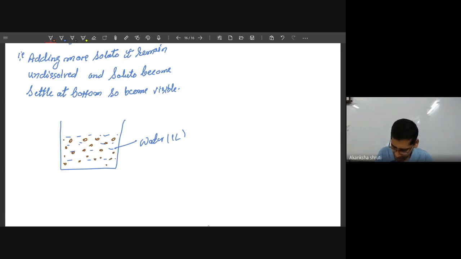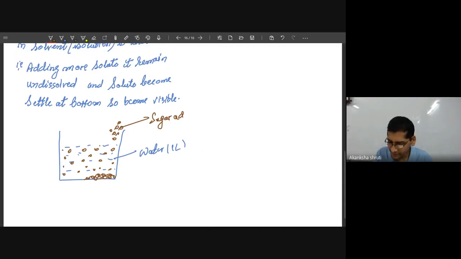If I add further, it will just remain here, meaning the sugar added more.